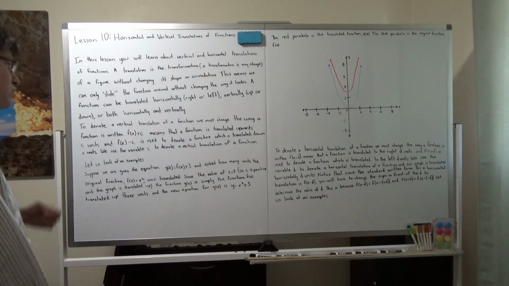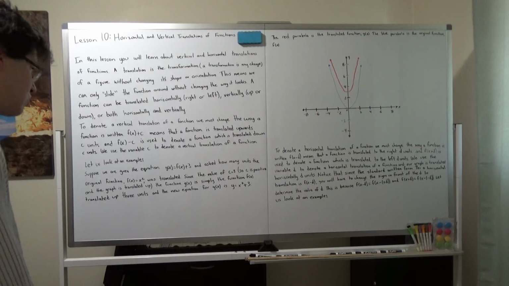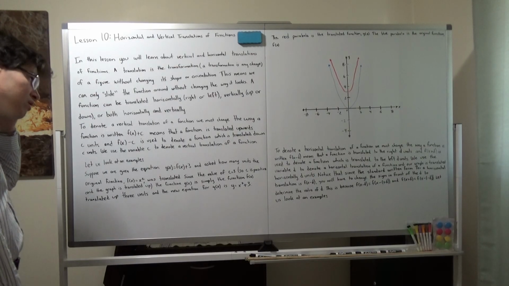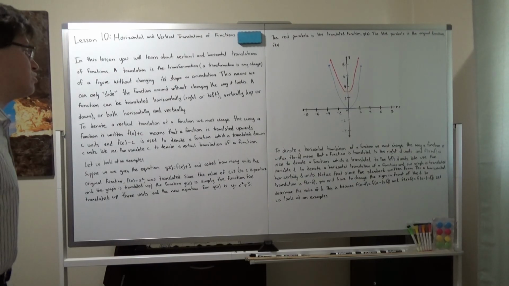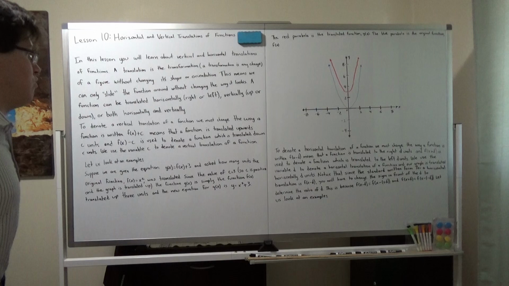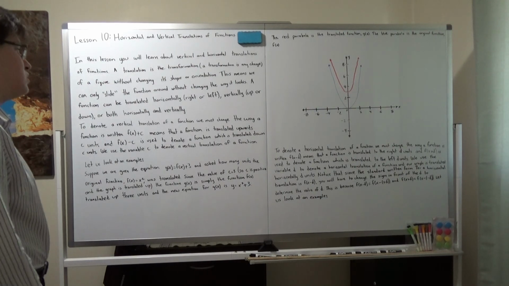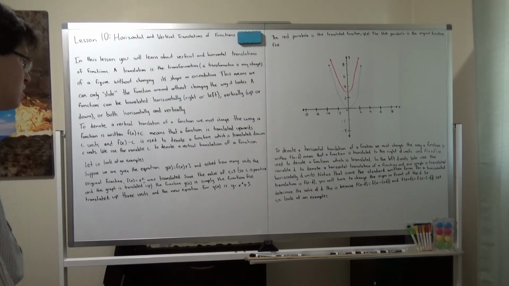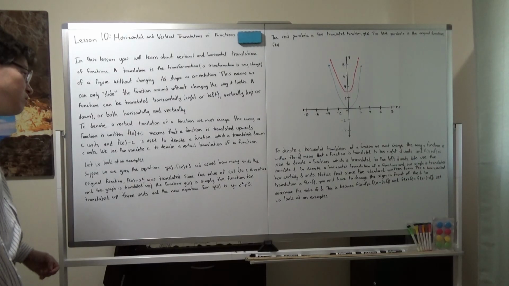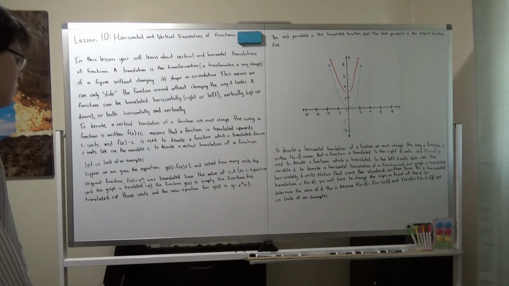To denote a vertical translation of a function, we must change the way a function is written. f of x plus c means that a function is translated up c units, and f of x minus c means a function is translated down c units.